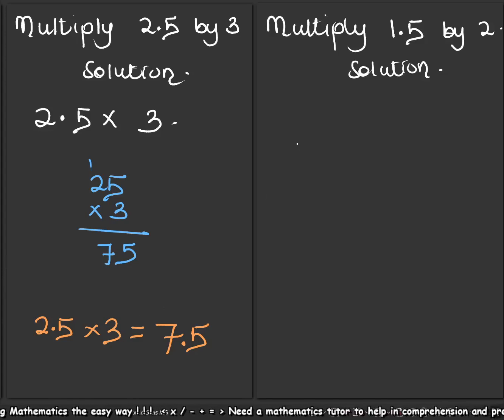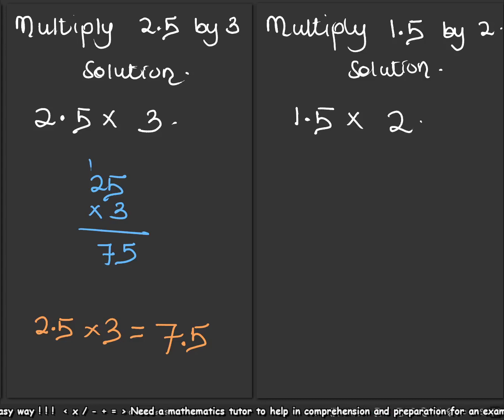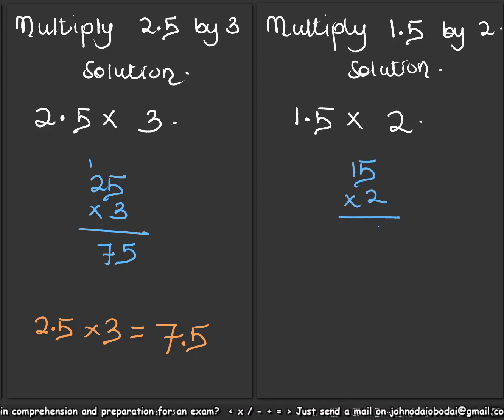Over here we have 1.5 and we want to multiply it by 2. As I said earlier, we always need to assume there was no decimal, so that instead of 1.5 times 2, it becomes 15 multiplied by 2. We know 15 multiplied by 2 gives us 30, so you write that 30 over there.